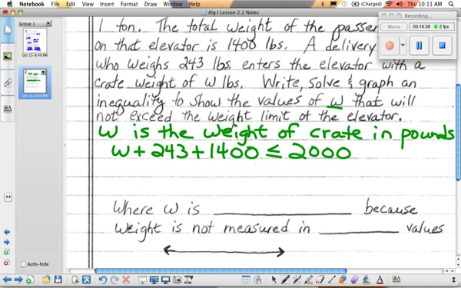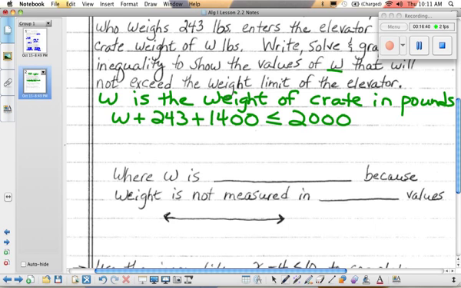Okay, go ahead and solve that inequality. And let's see how much that crate can weigh.